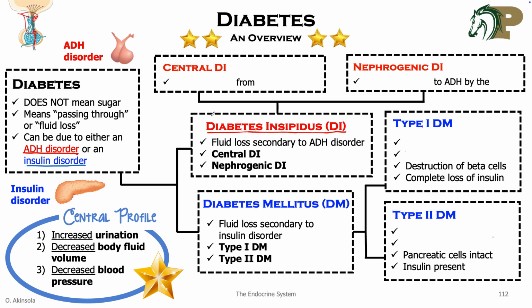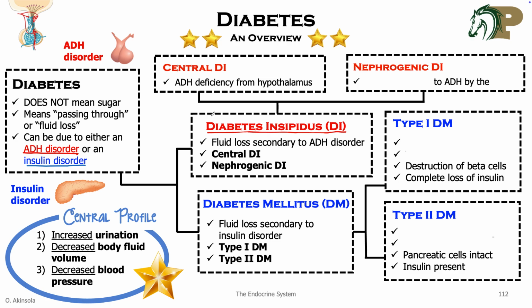Diabetes insipidus can further be classified as either central or nephrogenic DI. Central diabetes insipidus is ADH deficiency from the hypothalamus. So this is simply where the hypothalamus isn't producing enough ADH, and as a result, you end up peeing a lot, and you lose excessive fluid.